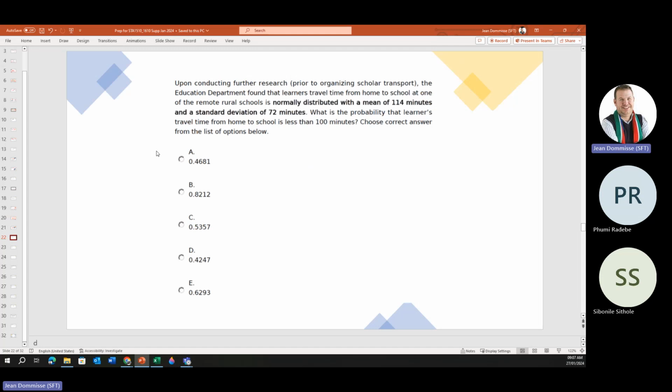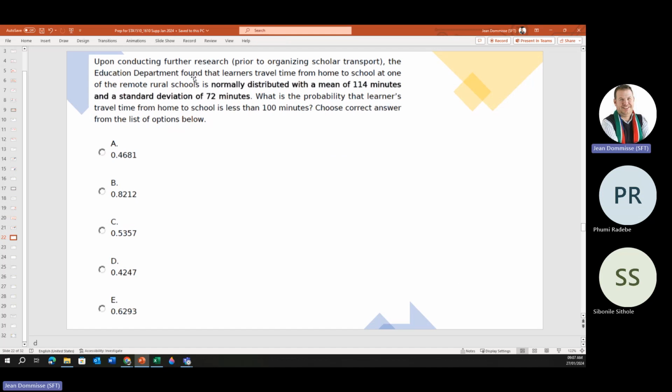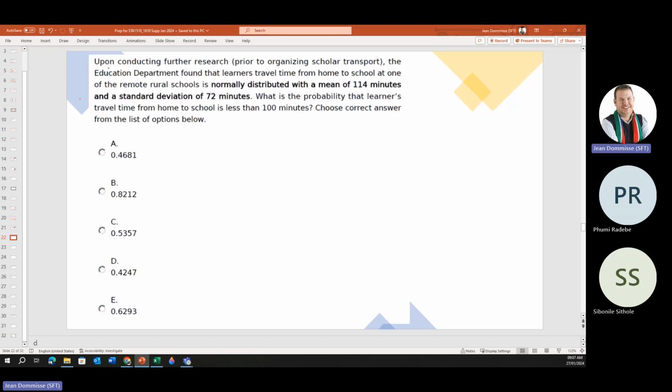Again, we're looking at probabilities. Now we're looking at, and I think this is the important one in this instance, do we know if it is sample or population standard deviation? So let's look at what they give us.